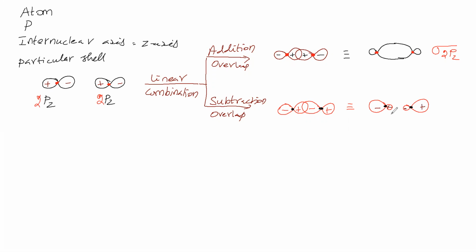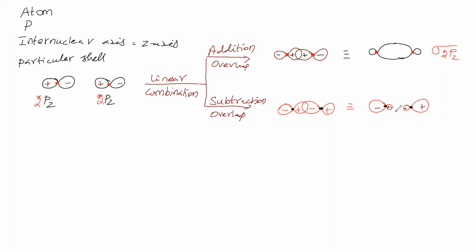Now in between two nuclei, the probability of finding electron cloud is low, but on the left side of this nucleus the probability is high, and on the right side of this nucleus the probability is high. In between two nuclei, if you draw a plane, you will get a nodal plane, meaning electron cloud is not there.